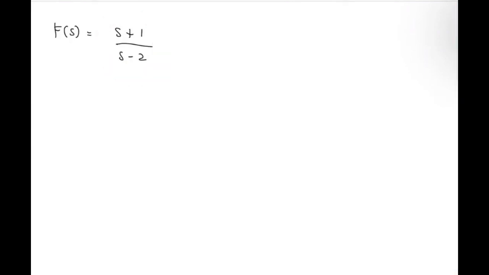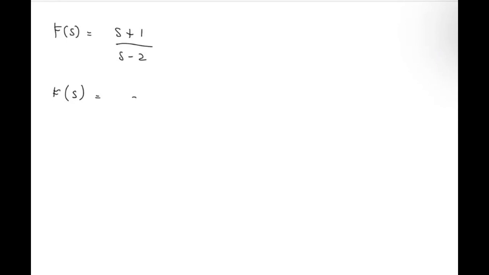So how to convert this fraction into a rational fraction? You need to do long division. I will not discuss how to do the long division here, but I will ask you to look at it yourself. We want our fraction to have a lower power in the numerator than in the denominator.